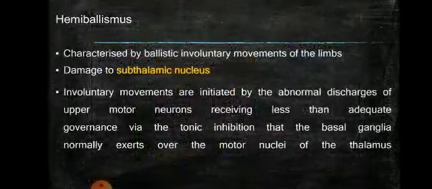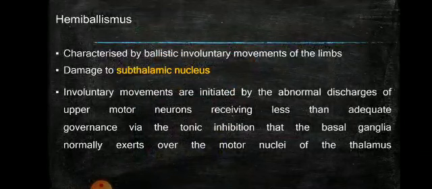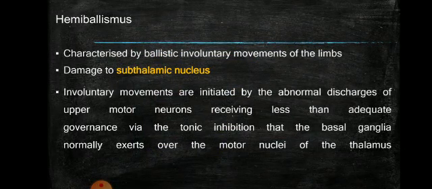That's to brief up. Now, you have the last one, which is Hemiballismus. Ballism is basically defined as involuntary movements that are flailing and intense, movements which are very violent in nature.